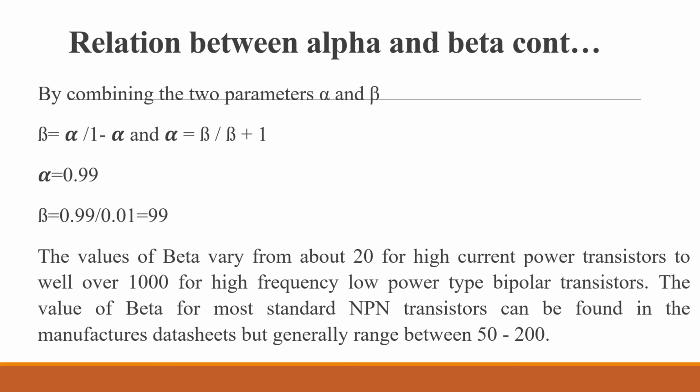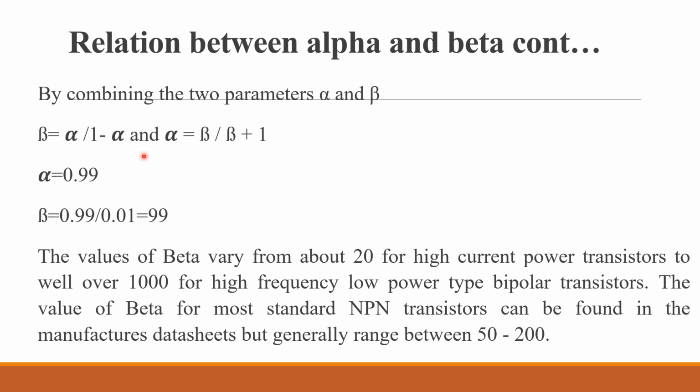The value of beta for most standard NPN transistors can be found in the given data or known data, and it ranges from 50 to 200. So we can calculate this by simply substituting the value of alpha to find the value of beta, and by substituting the value of beta we can find the value of alpha.